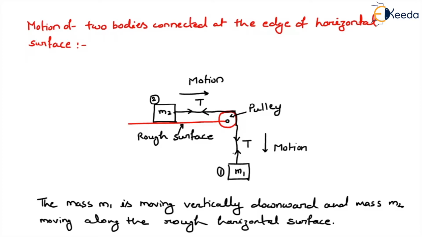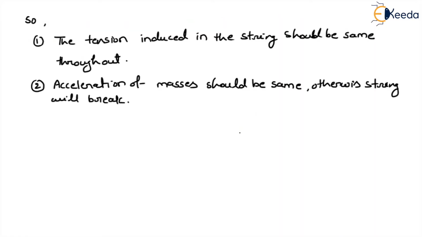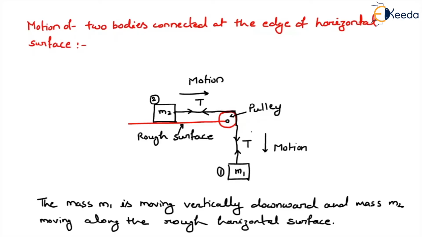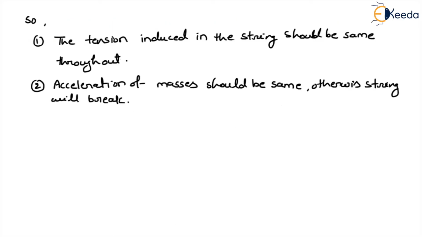So we have to distribute the tension accordingly to avoid breakage in the string. As the string is inextensible, the tension induced in the string should be the same throughout. The tension should not vary, otherwise the string will break or the distribution of forces will be unequal. And the second point is related to acceleration: the acceleration of the masses should be the same, otherwise the string can break. So these 2 points you have to remember.